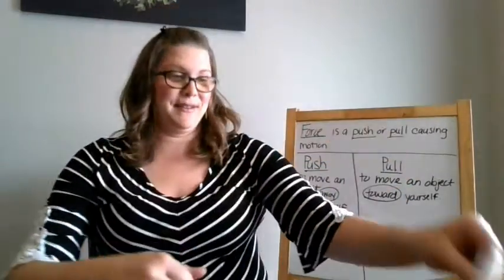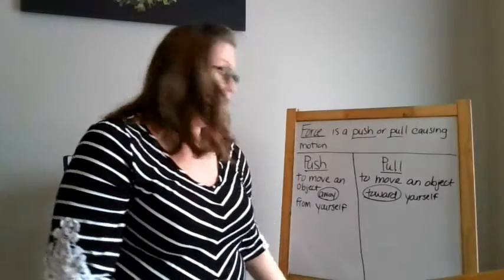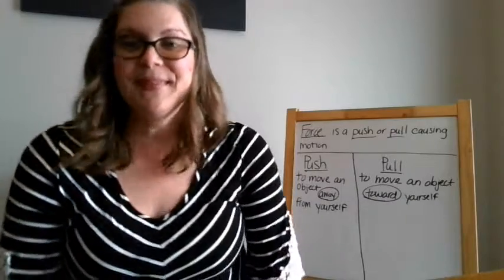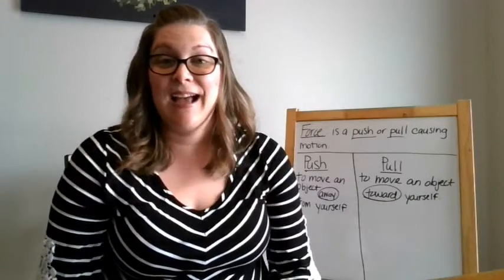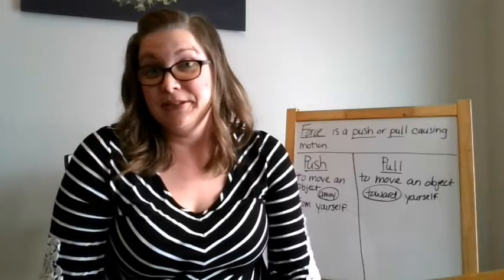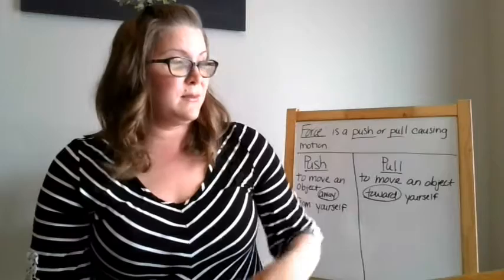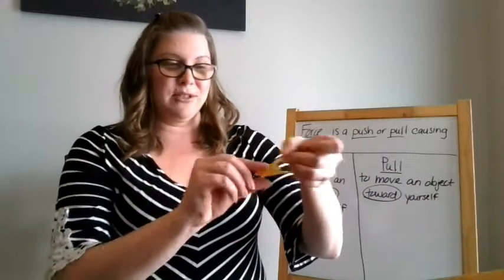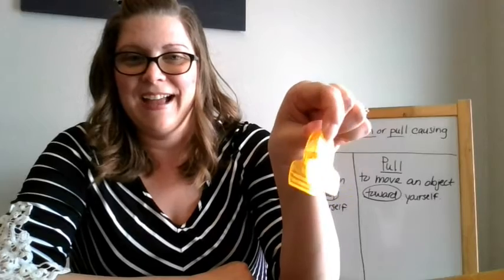Good job. So what I've done is I went around my home and I picked out some things that I use to push and pull. Okay, so I'm going to show them to you. The first object is a clip. What am I doing? I'm pushing. This is a push item.